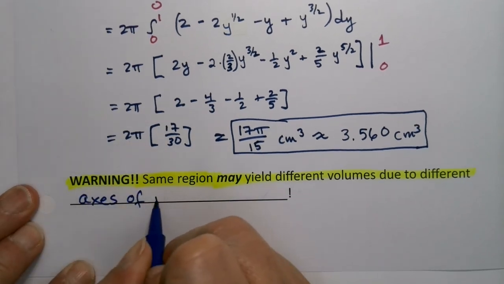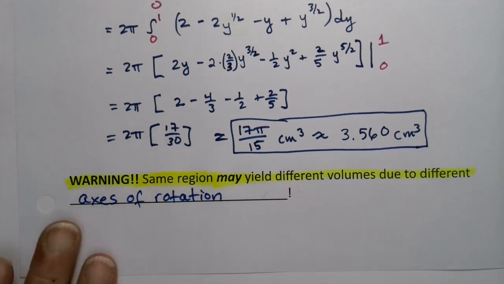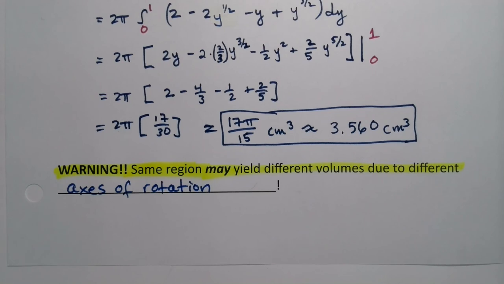A different axis of rotation can make all the difference in what your volume is. It may happen. It's possible that it's the same as well, right? Both possibilities can happen, but a lot of the times they will be different depending on what the line is that you're rotating around.